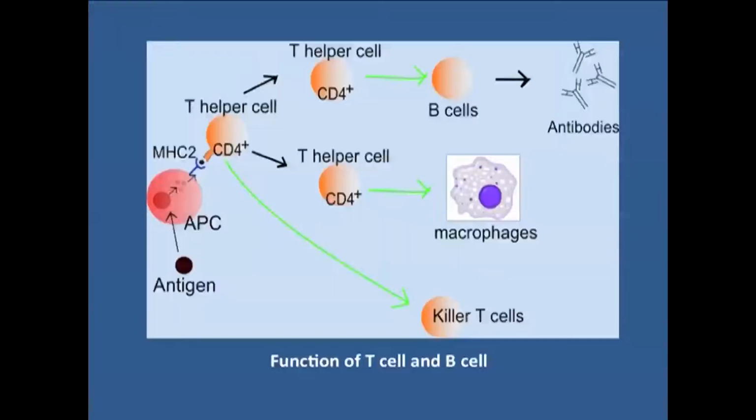Whereas the T helper cell will activate macrophage for phagocytosis, and at the same time the CD4 cell directly can produce the killer T cell which will destroy the infected tissue. So the T cell and the B cell basically will be active in the presence of some foreign antigen.